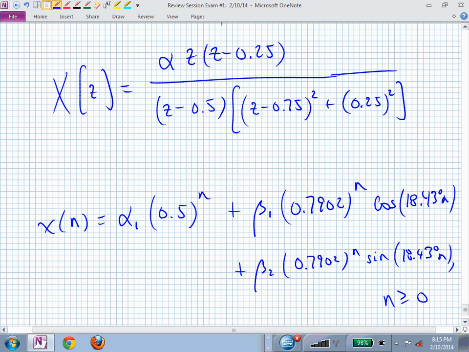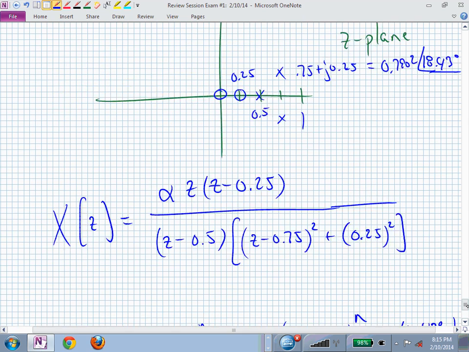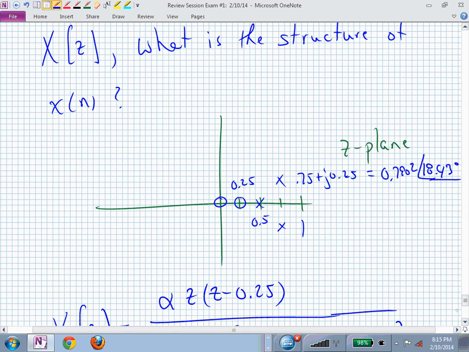Question? How do we determine n is greater than or equal to 0? In this particular case, it's basically where are we assigning our origin in time. I didn't really tell you the region of convergence, but I sort of implied earlier that if it's not explicitly stated, we will probably assume that it corresponds to a causal waveform, which means that it's lying exterior to all of our poles.